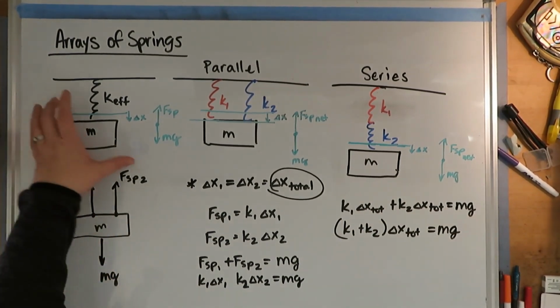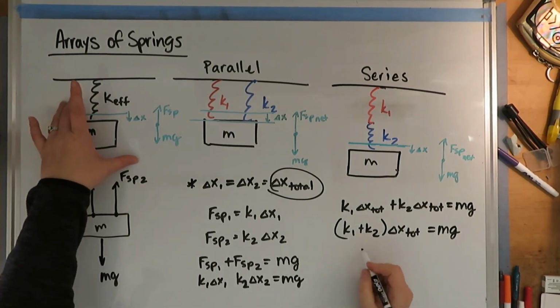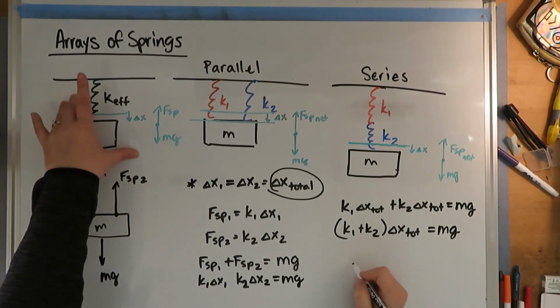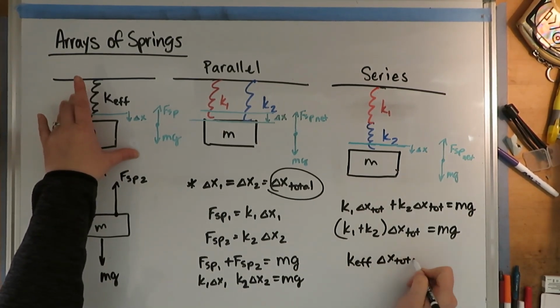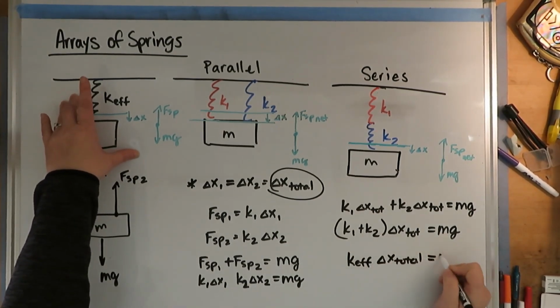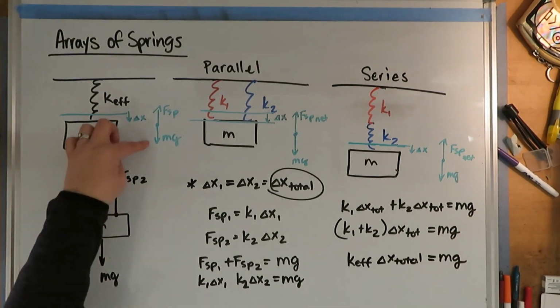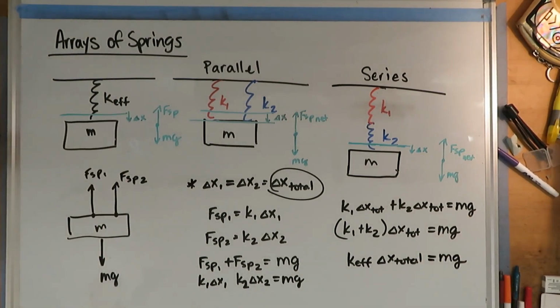But I know that if I want an effective spring constant, my effective spring constant times delta X total needs to equal mg, because that's what the effective spring constant tells me. I want to have that same delta X total balancing out that same gravitational force.